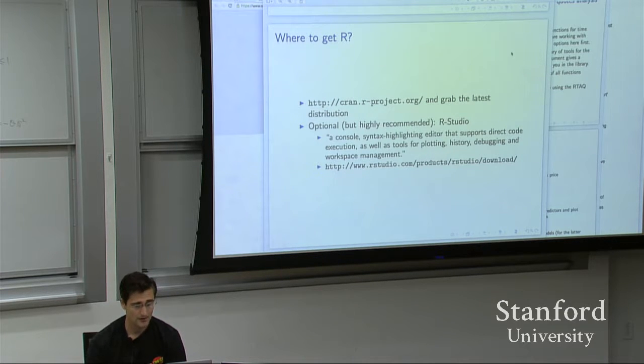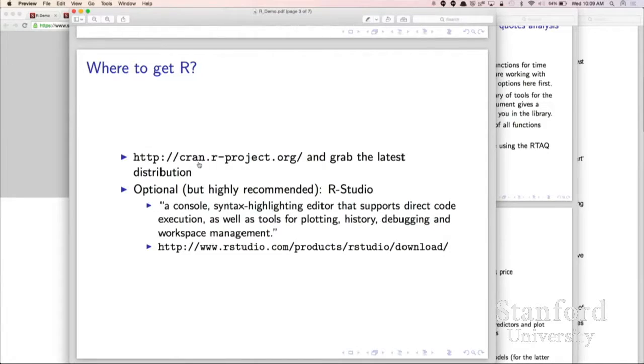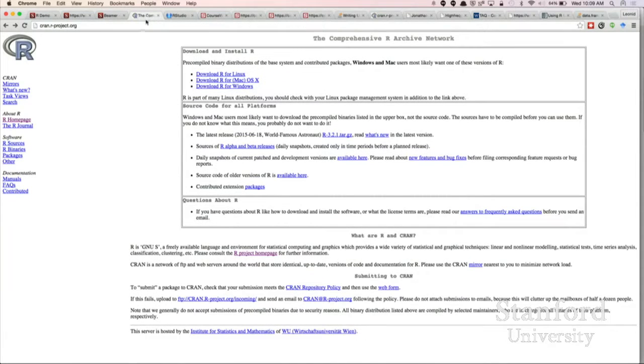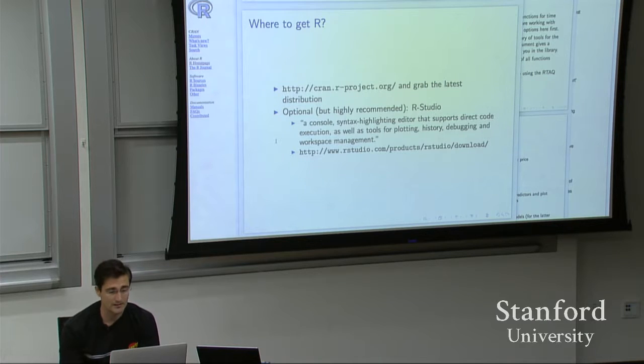Okay, so for those of you that don't have R, you can go to this site to grab the latest distribution. If you go there, you come to this site, download the distribution that you want for your operating system, you're good to go. And while it's not required, I highly recommend you get RStudio.